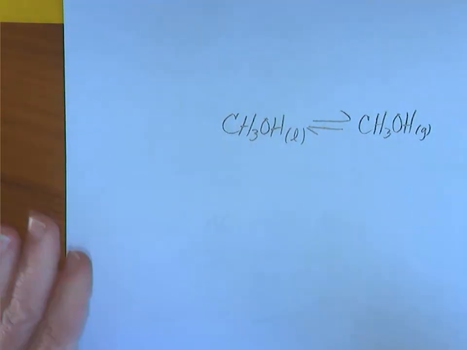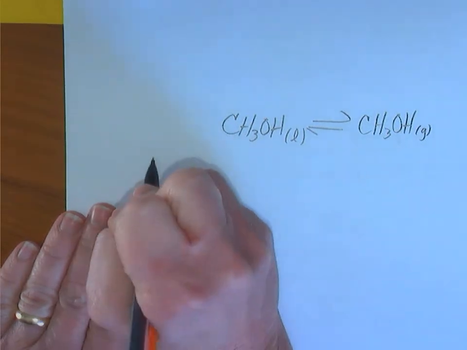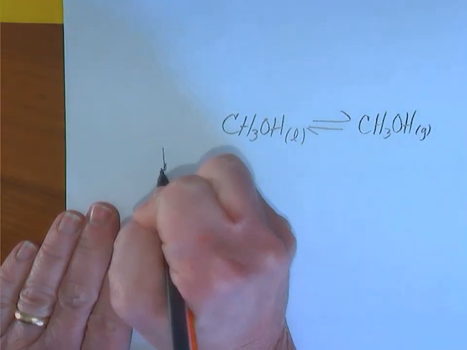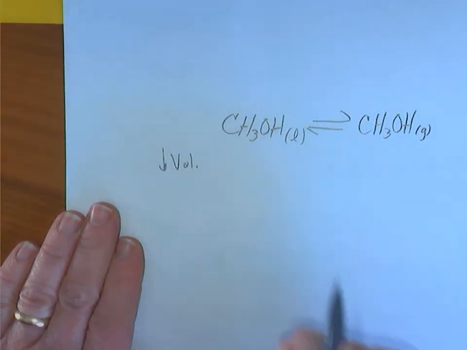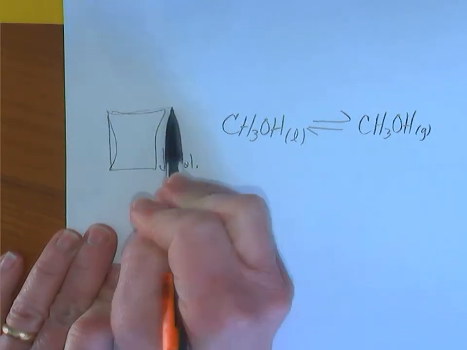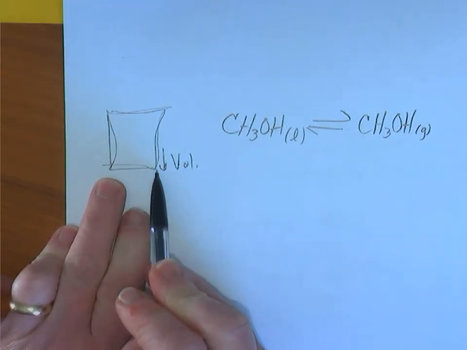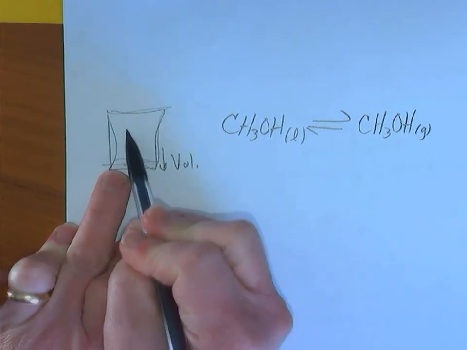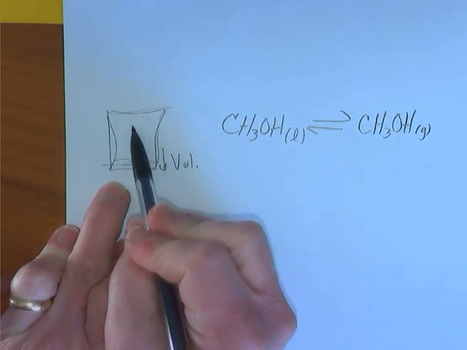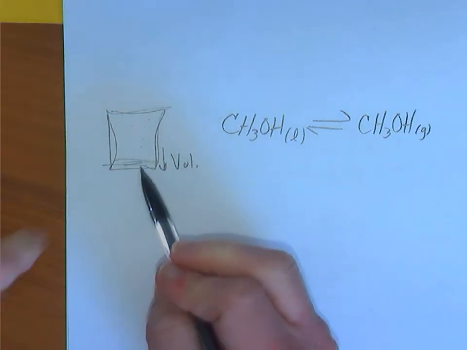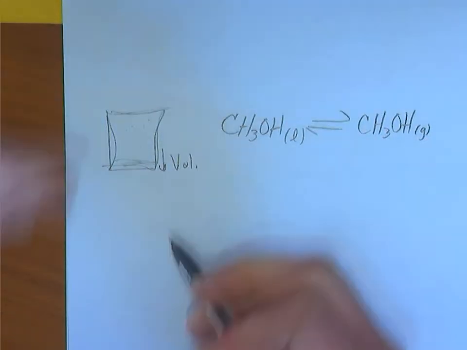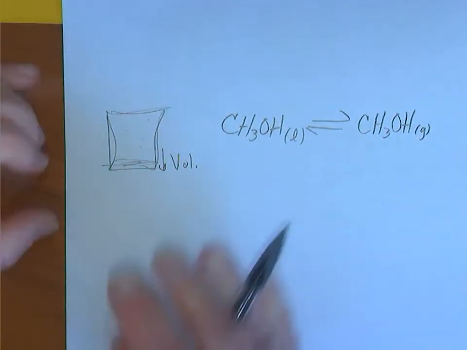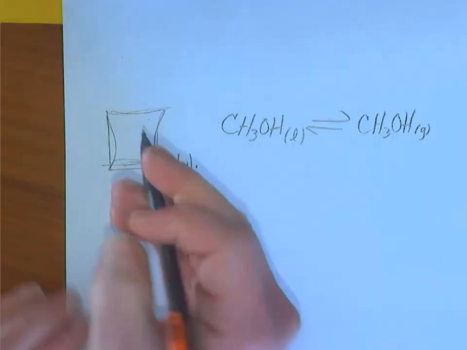All right. Well, how about if we decrease the volume? So if you imagine we have a sealed container, and my artwork, so I'm just going to draw a box, but we have some liquid in there, and per the temperature, it's gotten its balance, and it's creating a certain vapor pressure at that temperature, and now all of a sudden you've taken the vessel and you've decreased the volume.